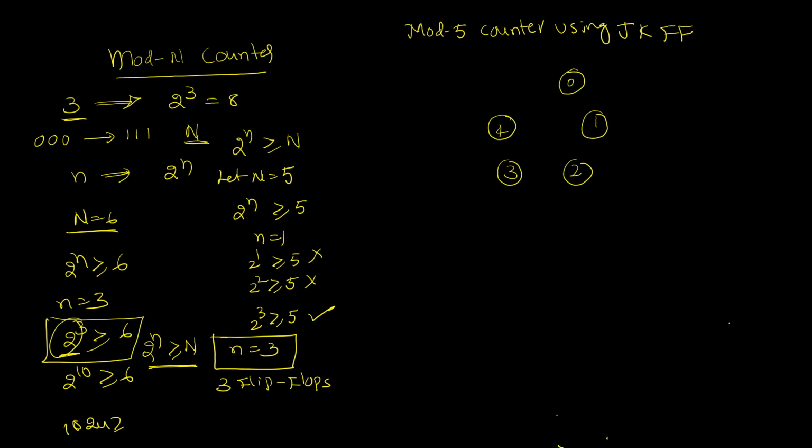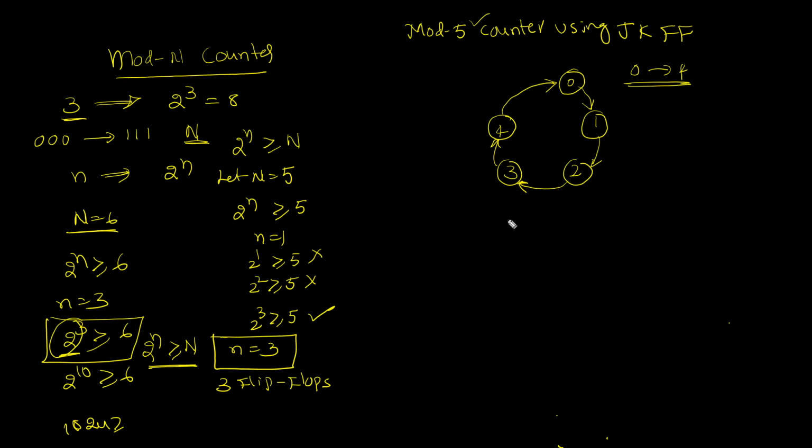After reaching 4, it goes to 0. So 0 to 1, 1 to 2, 2 to 3, 3 to 4, 4 to 0. In a mod 5 counter, you never come across 5. It will be 0 to 4, which makes 5 states. Is that okay?